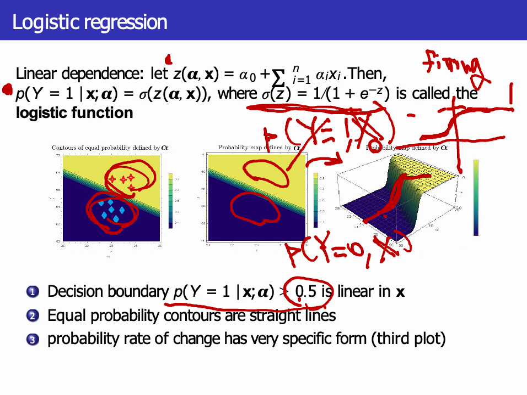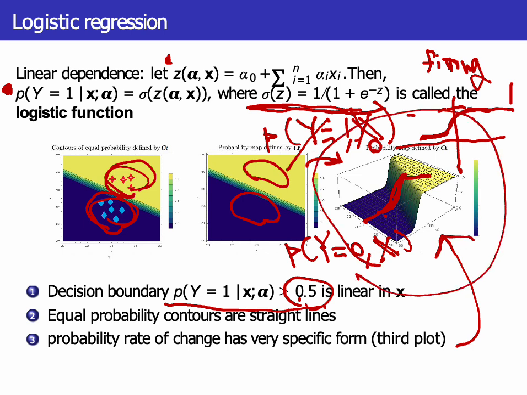We discussed that equal probability contours are straight lines, and the probability rate of change has a very specific form. Finding these distributions is learning; you need to train your neural network.